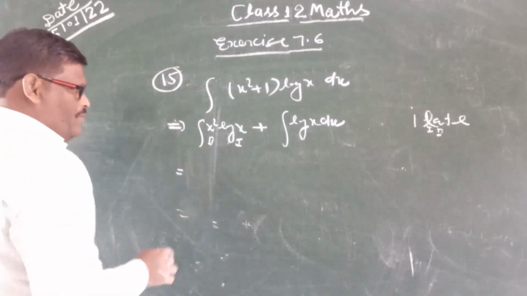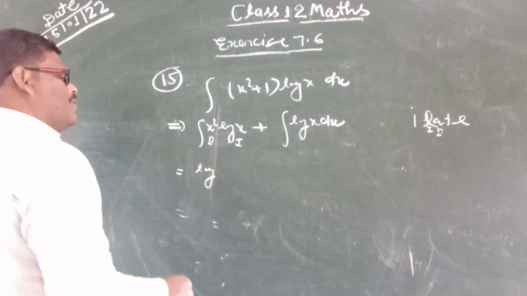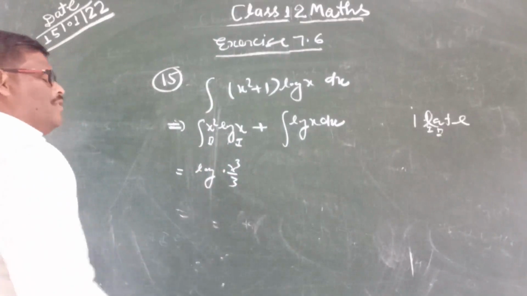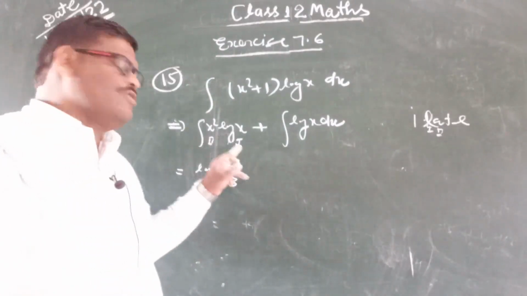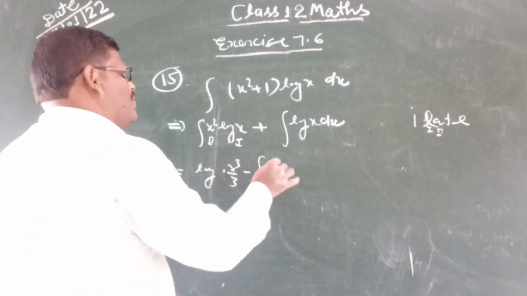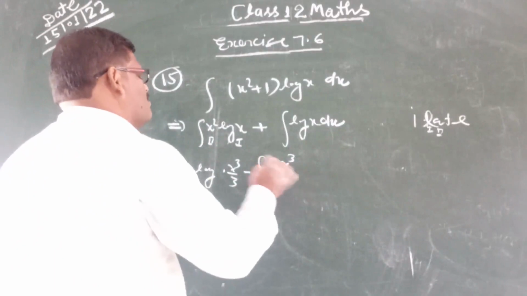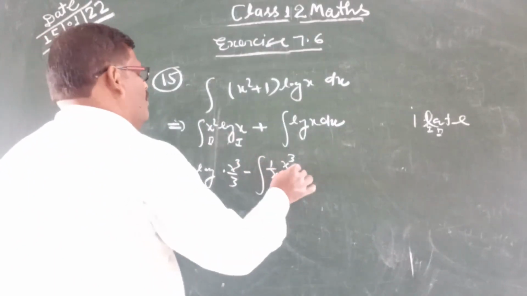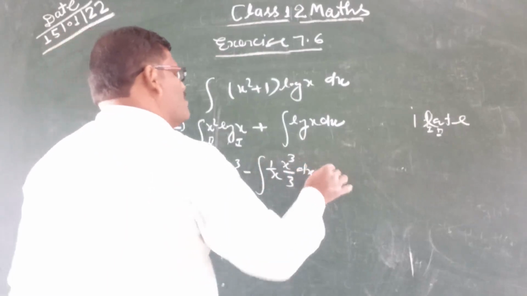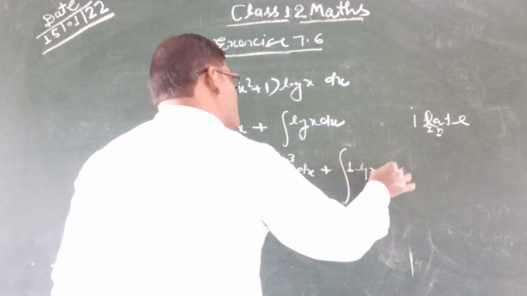First function log x, integration of second, that is x cube by 3. Integration of second means integration of x square, that is x cube by 3, minus d/dx of first, 1 by x, times integration of second, x cube by 3, dx, plus 1 times log of x dx.